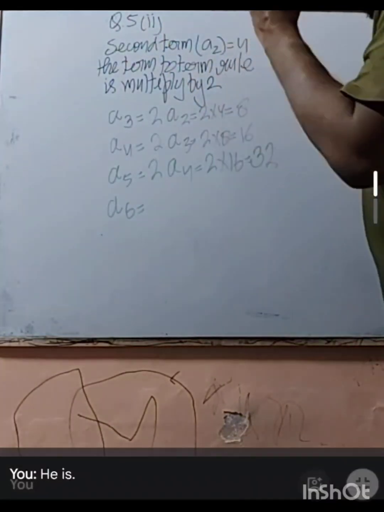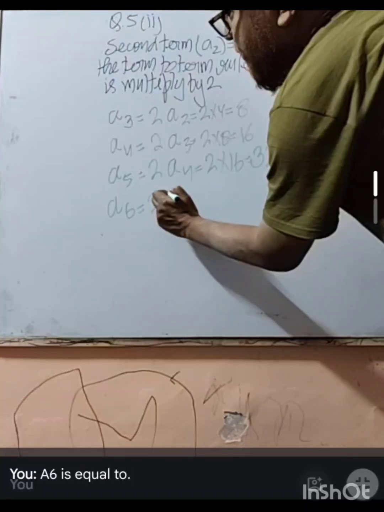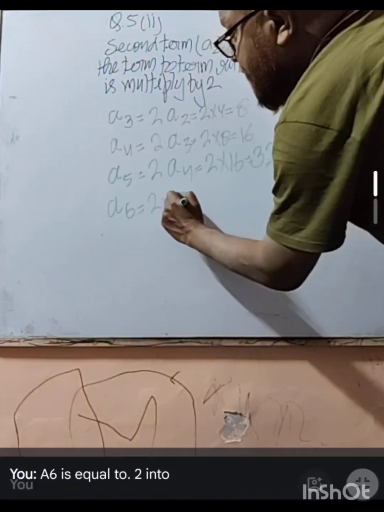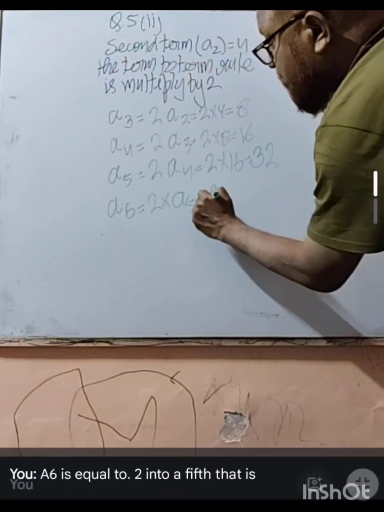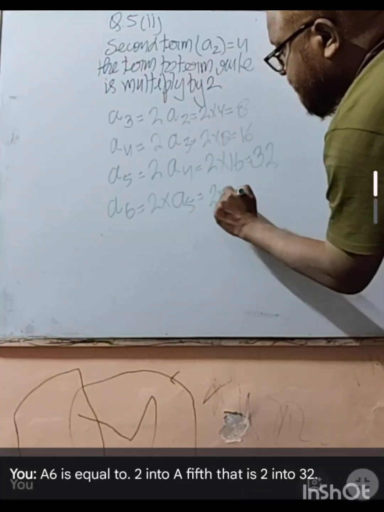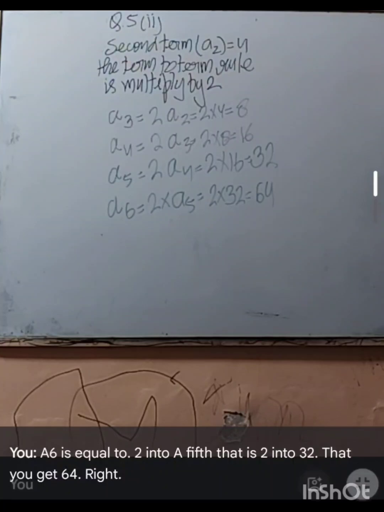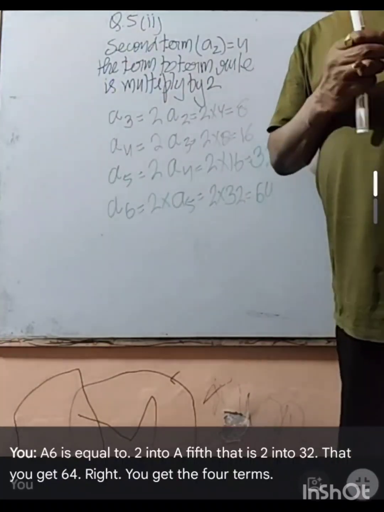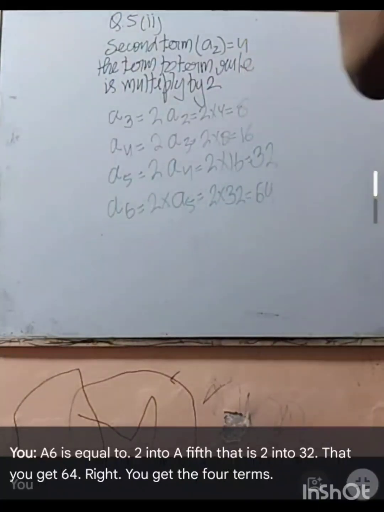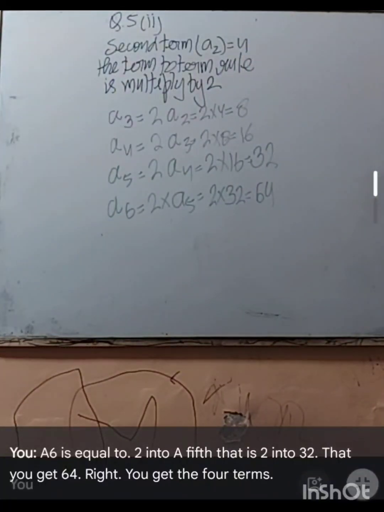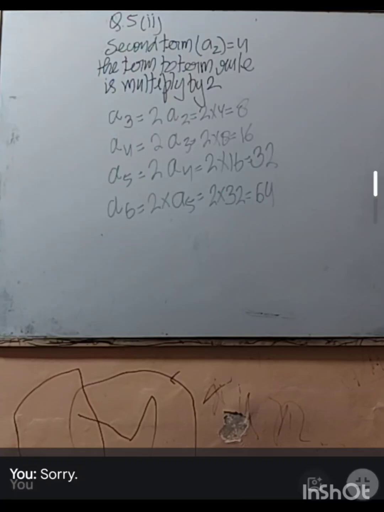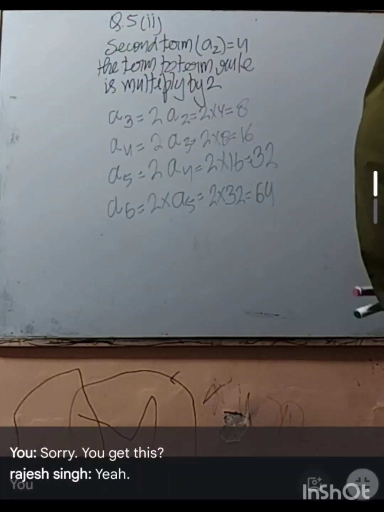A6 is equal to 2 into A5, that is 2 into 32, that you get 64, right? You get the 4 terms. You get this? Okay.